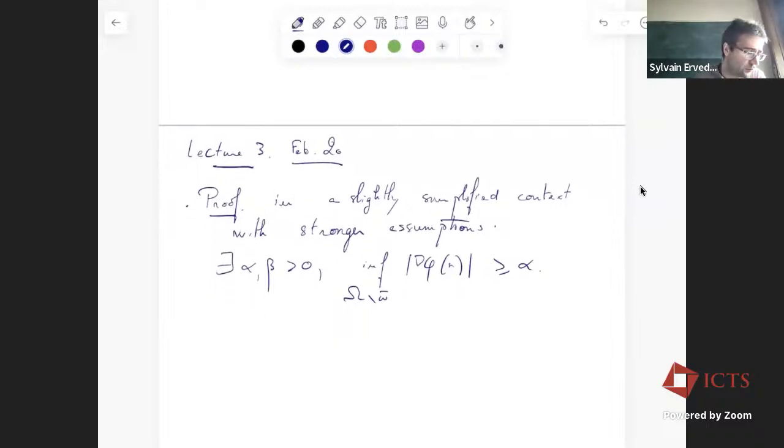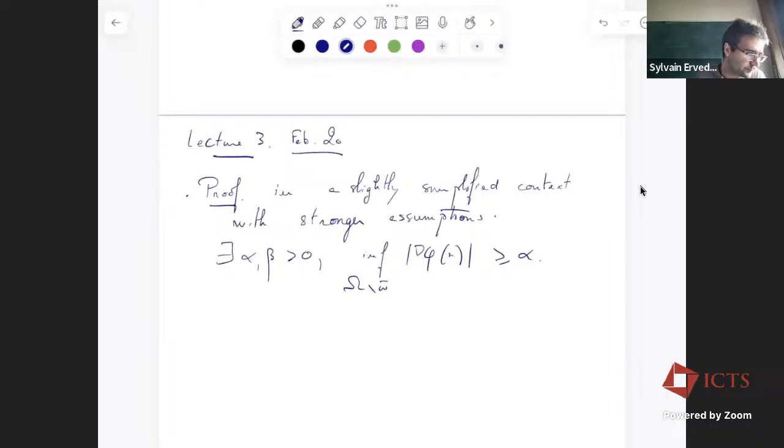And I will also assume that the infimum of Laplacian phi times psi square plus 2 d2 phi of psi xi. So this is, again, d2 phi is the Hessian matrix, right?